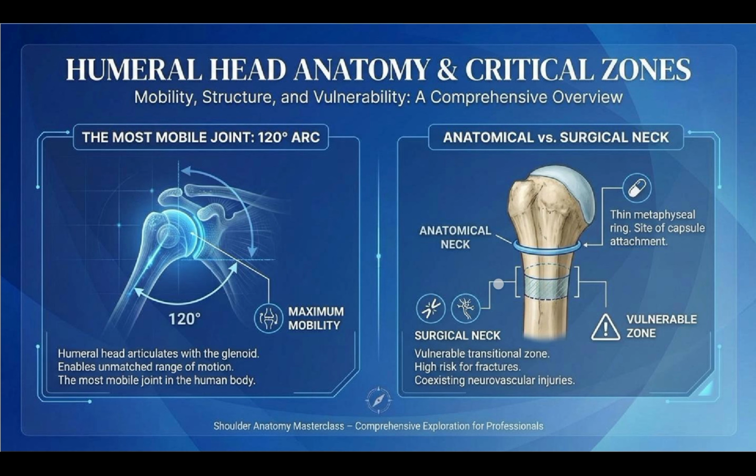So the surgical neck is prone to fractures, meaning this is one of the easiest parts to damage in terms of the proximal end of the humerus. The part that is easily damaged is the surgical neck, and the axillary nerve and many other nerves are attached here.